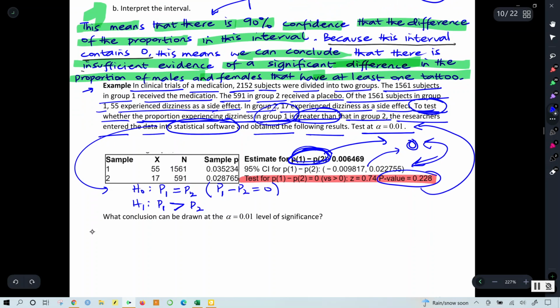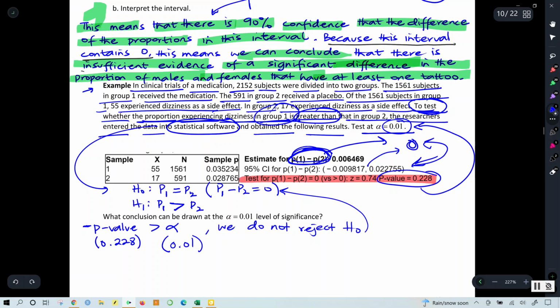We recall that since p-value in this case is greater than alpha, our p-value is 0.228, our alpha value is 0.1. Whenever this arises, we do not reject the null hypothesis.